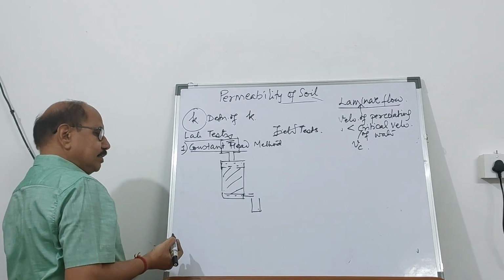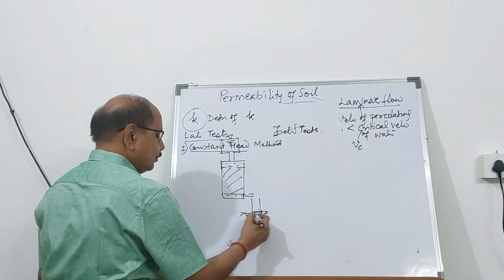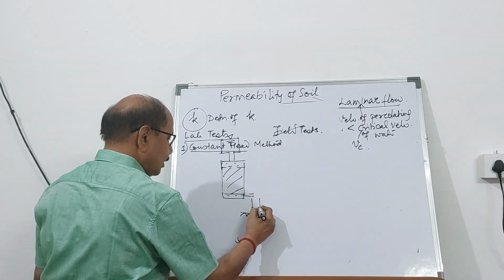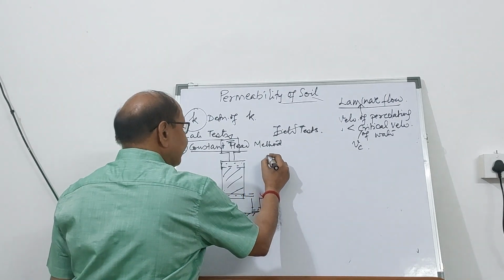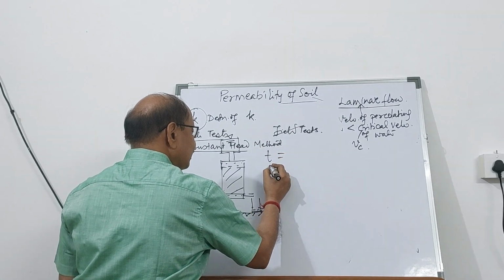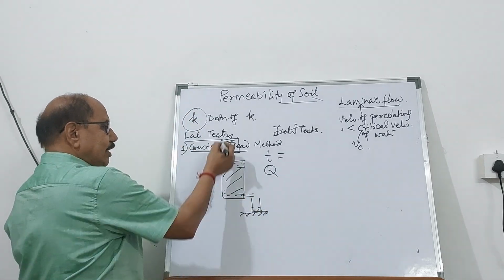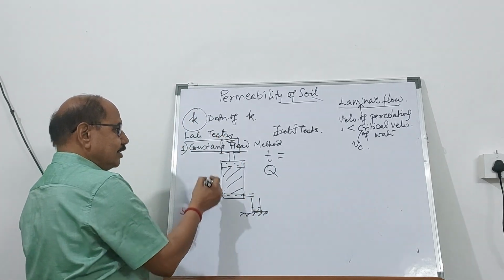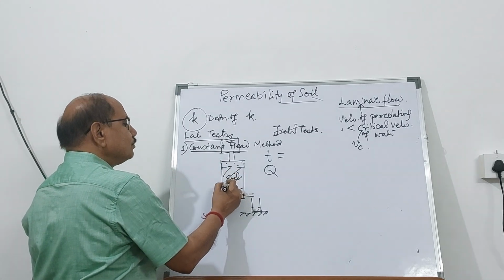So in a graduated jar, you can collect the water and measure it in a given time. So in a given time t, time interval, what is the total discharge collected in this jar when a constant head is maintained over this soil sample?